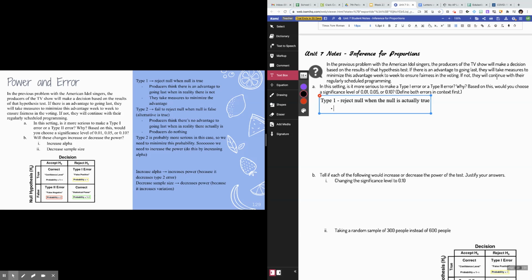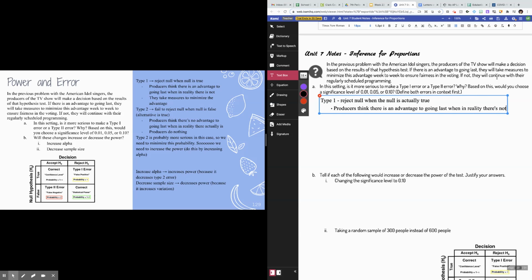Okay, so the consequence of this is if I'm going to reject the null, then that means I'm going with the alternative, which means that producers think that there actually is an advantage to going last, right? So producers think there is an advantage to going last when in reality, there's not.